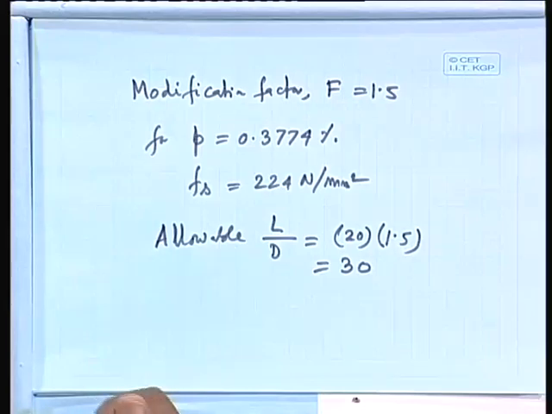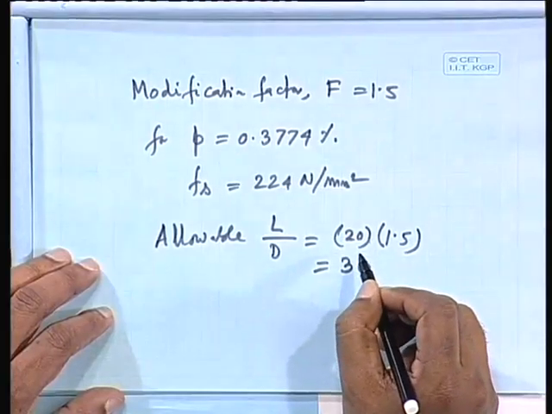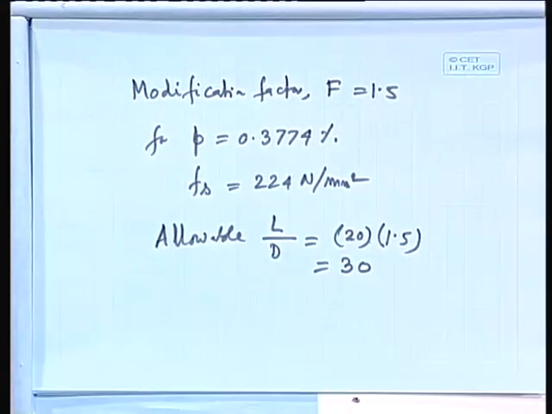On one side it is written L by effective depth, that we have told in the last one is span by effective depth, whereas in this note they have written it as span by overall depth. So, this particular one we can take as span by effective depth also, because for the beam, when we have used the basic value 20, in that clause they have mentioned it as 20.